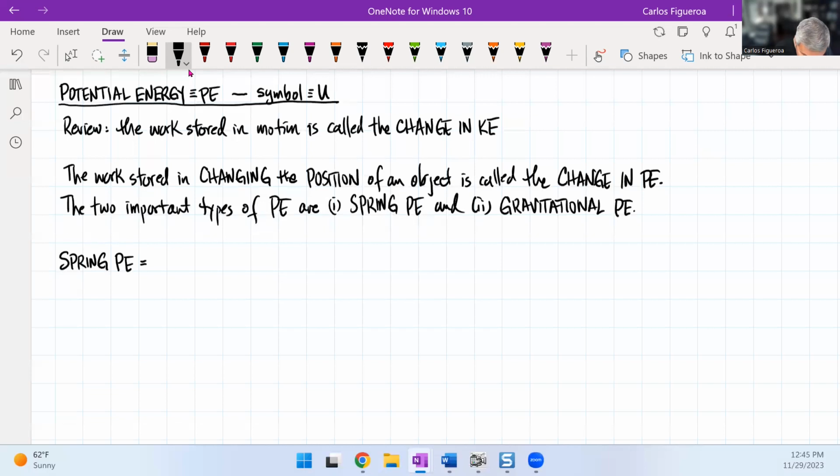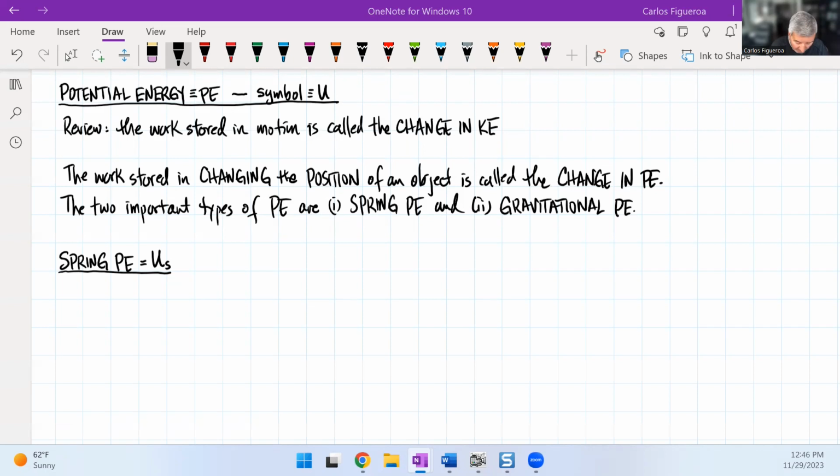The way we write spring potential energy mathematically, we write a symbol U with the subscript of S. Now we want to rely heavily on what we did last time with kinetic energy, because energy is energy. How we deal with the work energy term is exactly the same.